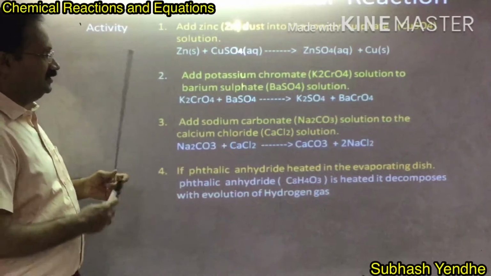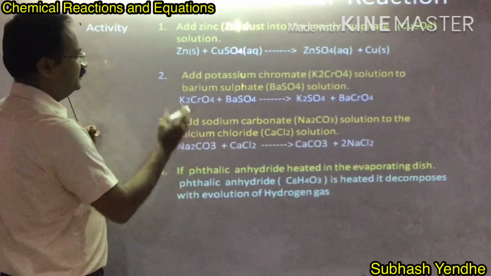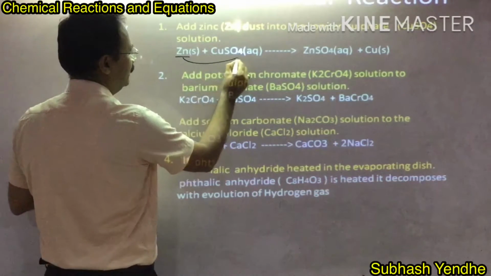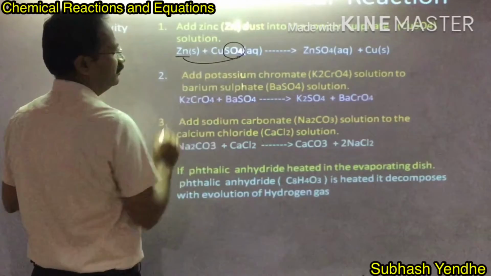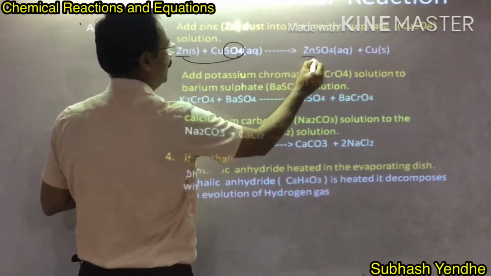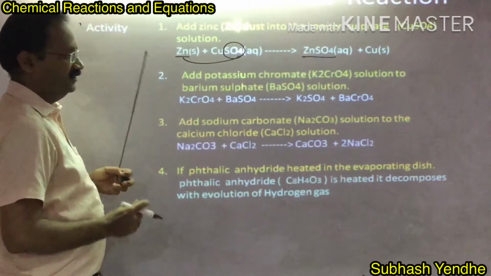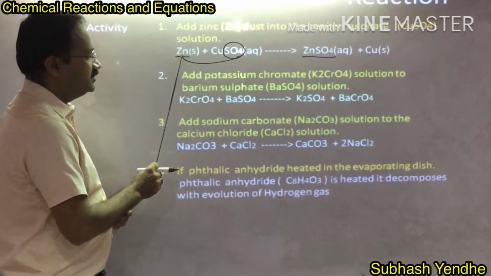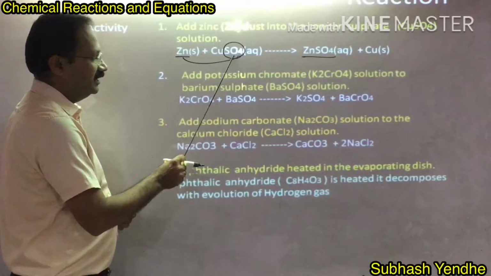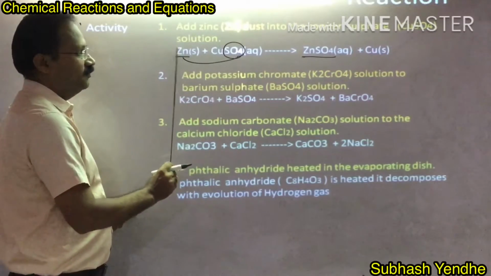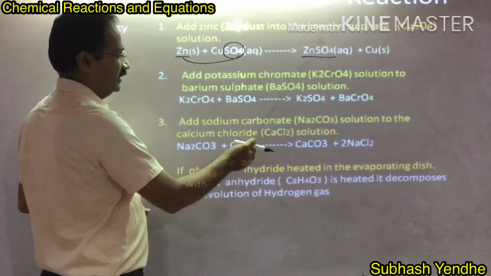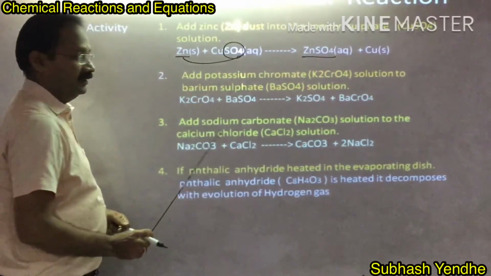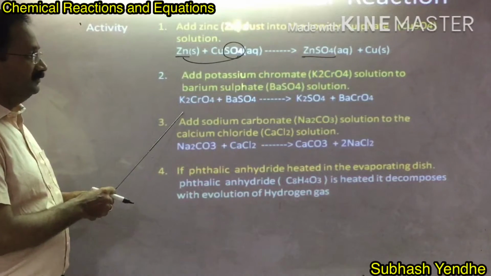See this, zinc replaces the sulfate group and forms zinc sulfate, and copper will be displaced. Okay, now let's do the second activity.